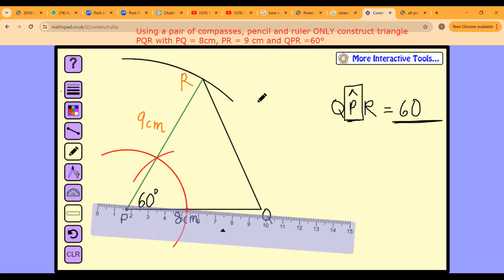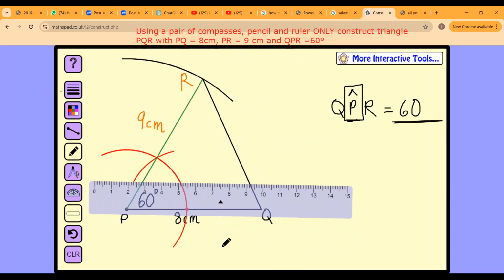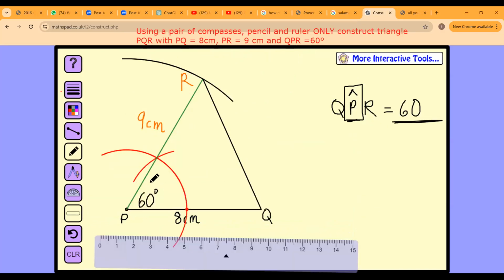And then we drew an arc, right? Good. After that, what did we do? We drew a line from P to this arc, the same arc. You understand? Good. And then we constructed a 60-degree angle at which letter?